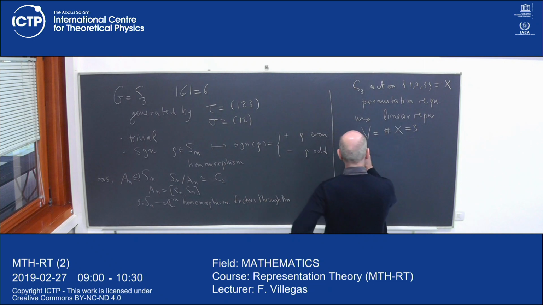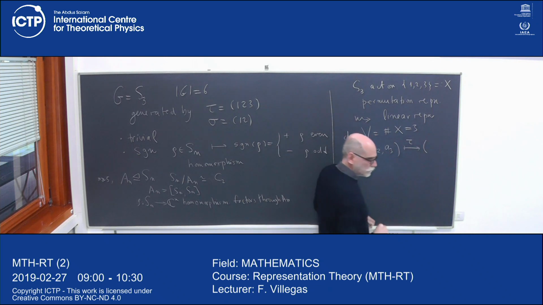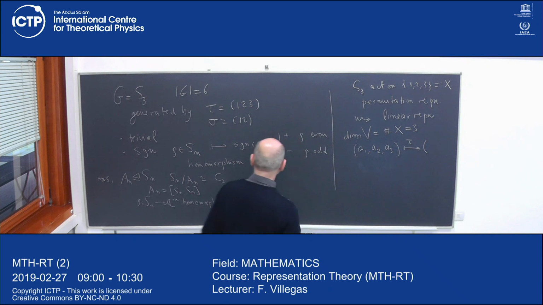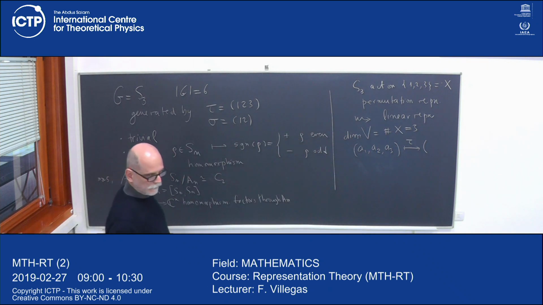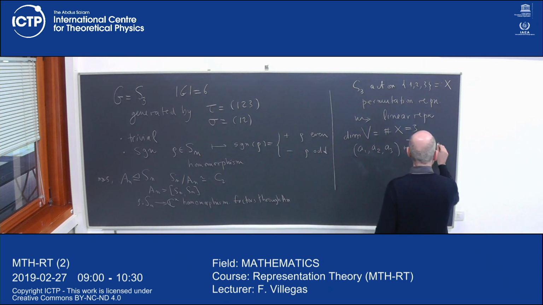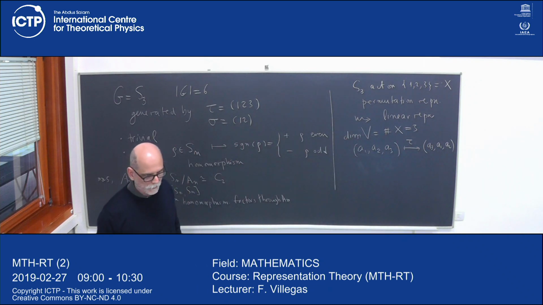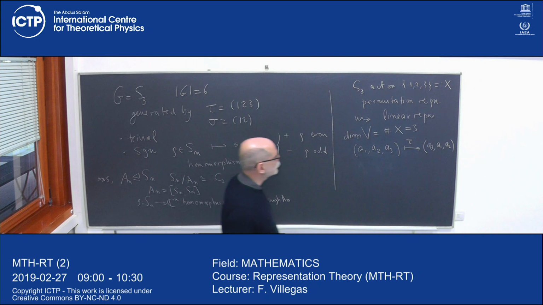Let's do one at a time. So (A1, A2, A3) is taken by tau to what? This we did last time. (A3, A1, A2).